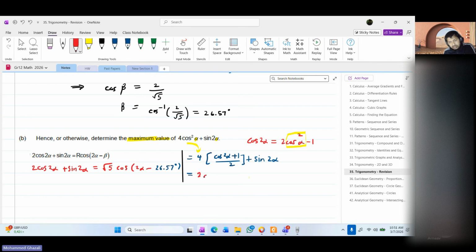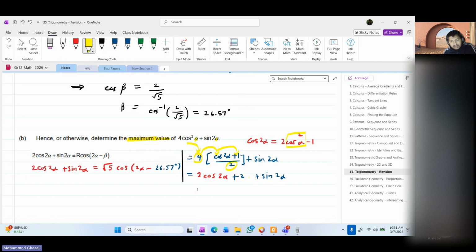I took 4 divided by 2, which is 2, and multiplied it inside. So we get 2 cos 2 alpha plus 2, plus sine 2 alpha.